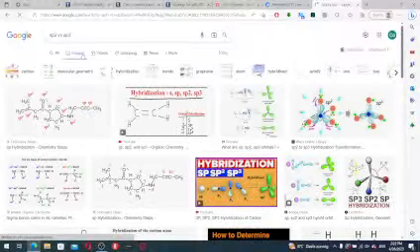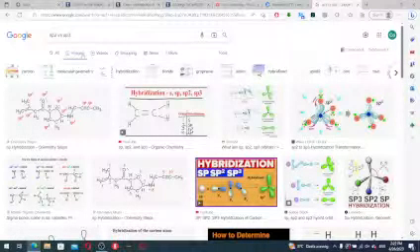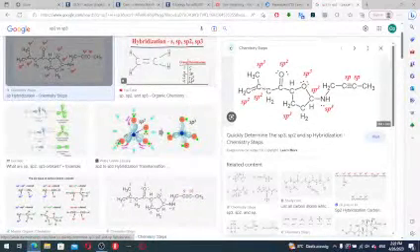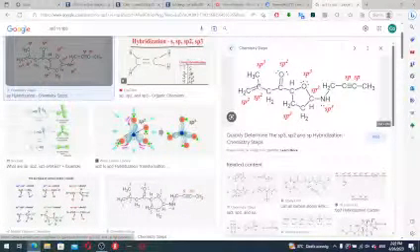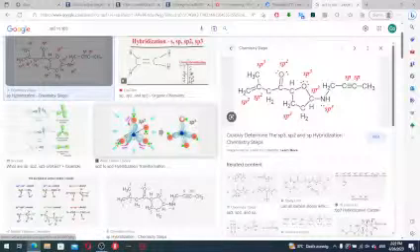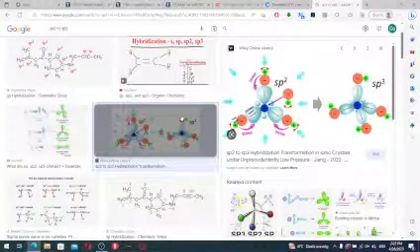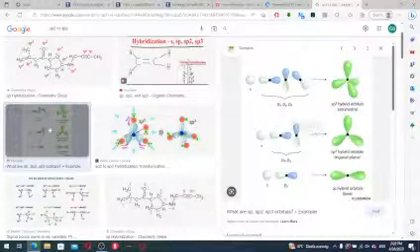We then go to the secondary structure. Secondary structure means local folding of the protein. This local folding results from the formation of hydrogen bonds between the hydrogen of the amide group and the oxygen of the carbonyl group.